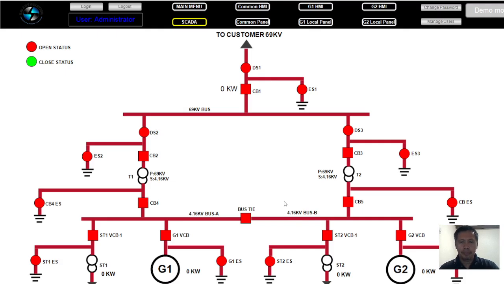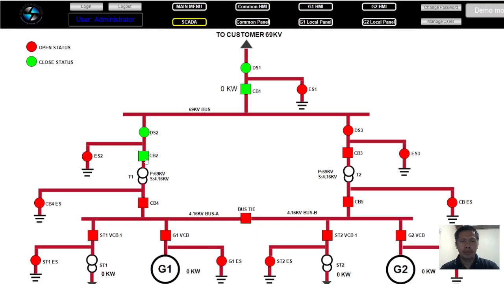So now we will close all the switches here, the disconnecting switches and the circuit breakers, so we can have the supply feeding power to the power plant. Here we will close this. Okay, close. We will close this.